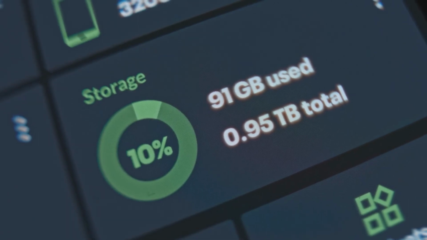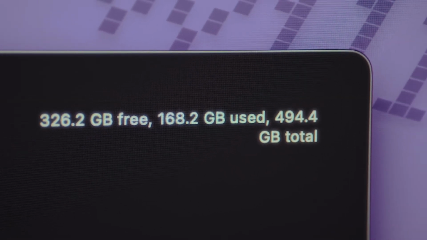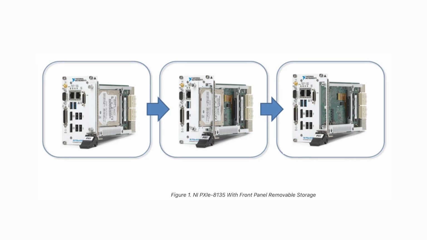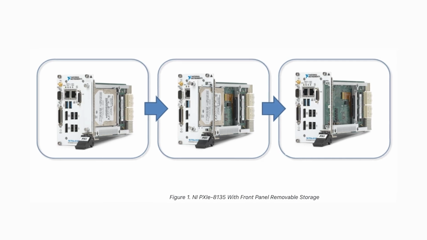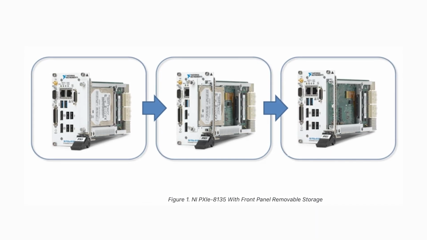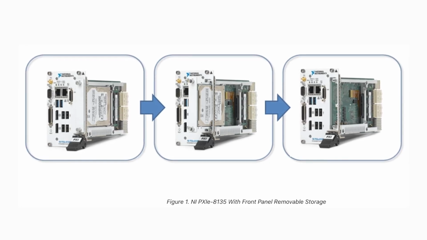Ask how much data are you collecting per test, and are you logging continuously? If you're recording high-speed data, storage fills up fast. 3. Removability. Some controllers offer removable drives, which is huge for secure environments, field deployments, and quick data transfer. Instead of pulling data over a network, you just swap the drive.